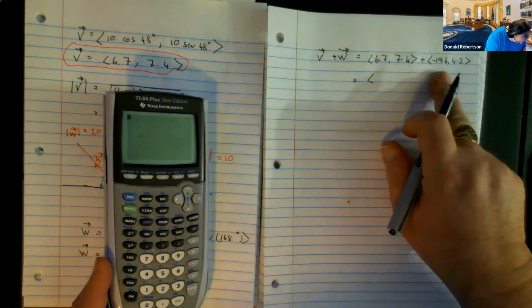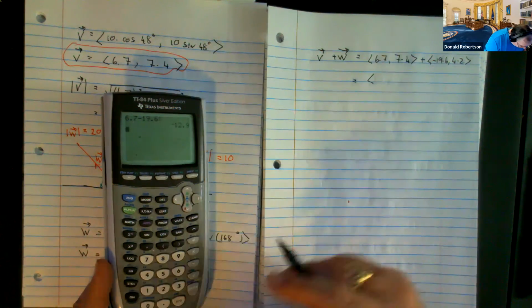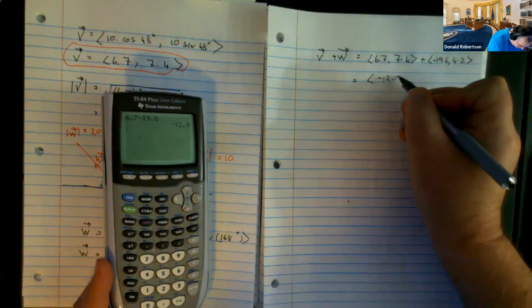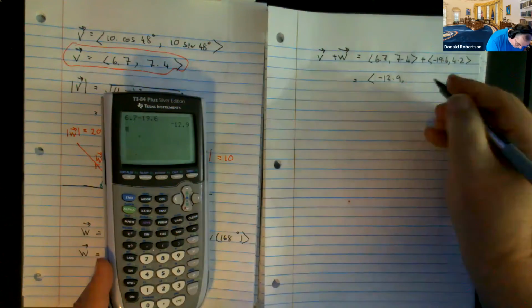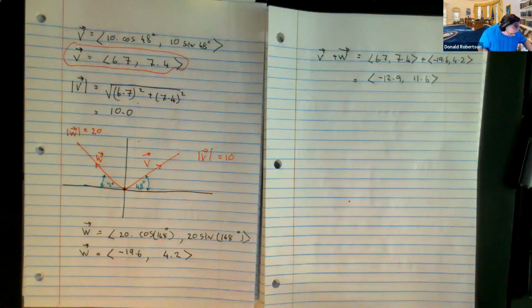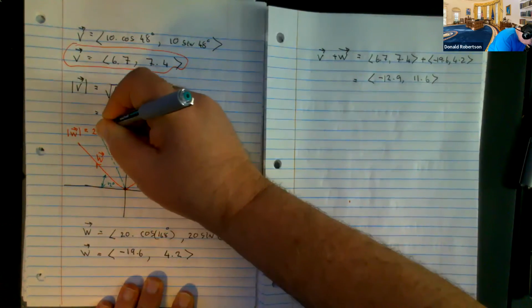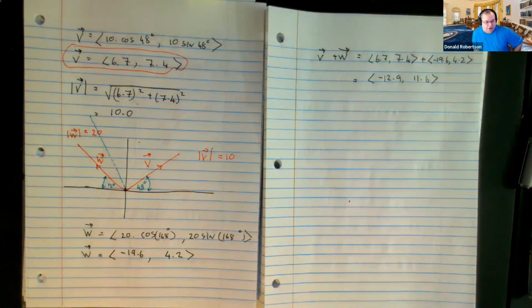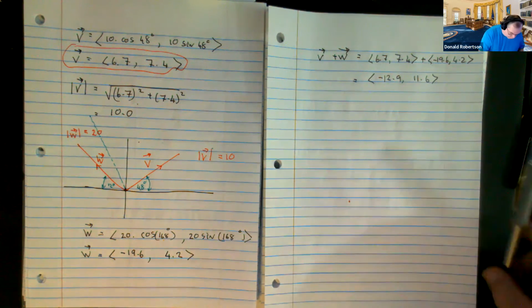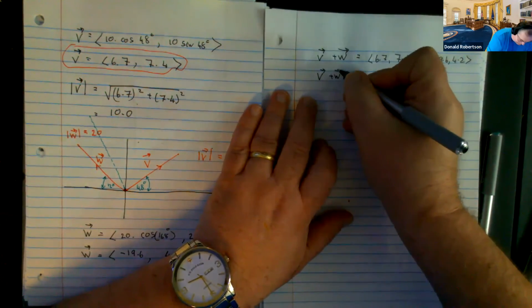So 6.7 plus negative 19.6 gives me a negative number, negative 12.9, and 7.4 plus 4.2 gives me a positive number, 11.6. So if I was making a guesstimate, it would probably be roughly in that green dotted line direction. Does that make sense? It did pull it more to the left than to the right. So if you're only being asked what is the resultant vector, it's this fella.